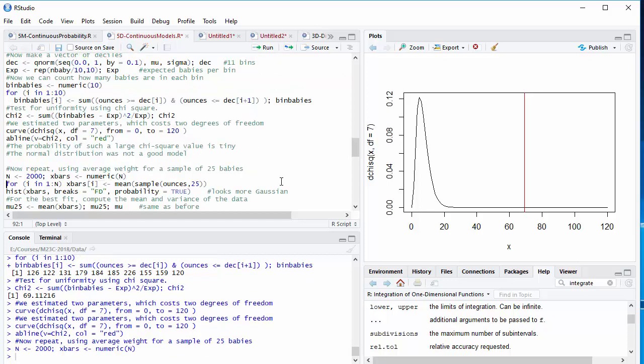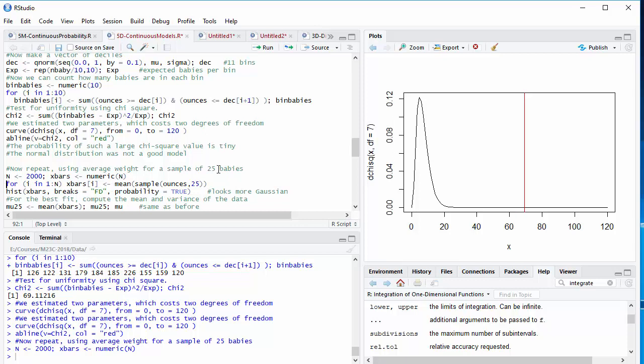But now let me show you a way of getting something that is reliably normally distributed. I'm going to set up a numeric vector, empty initially, to hold the means of samples of the weights of 25 babies.